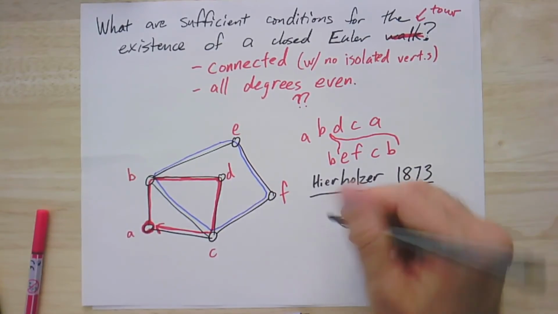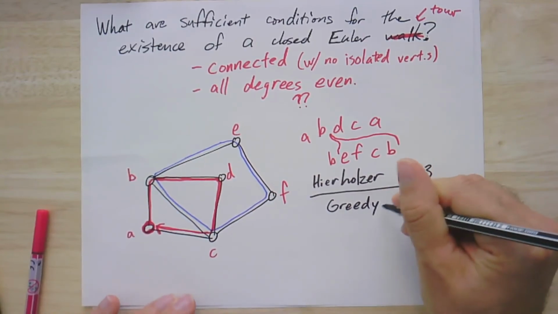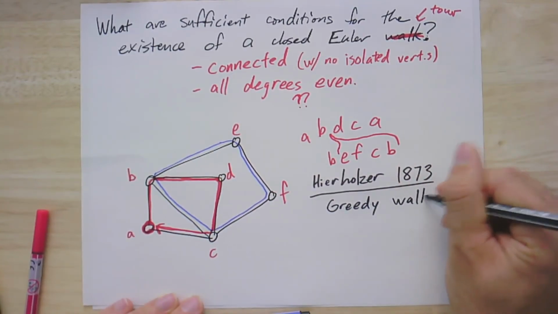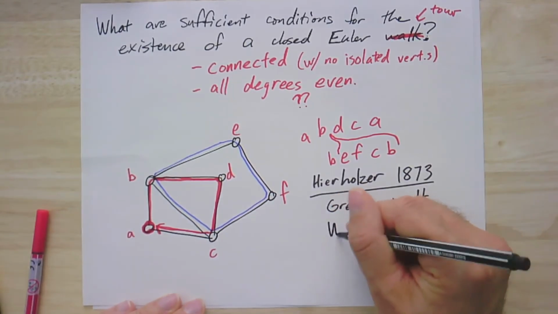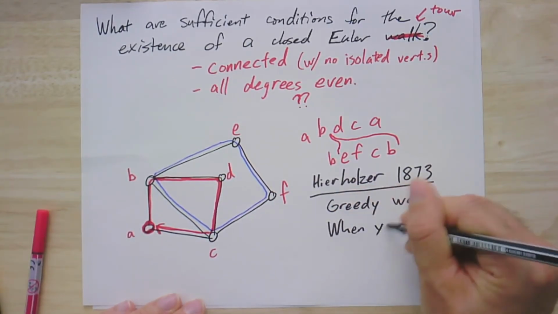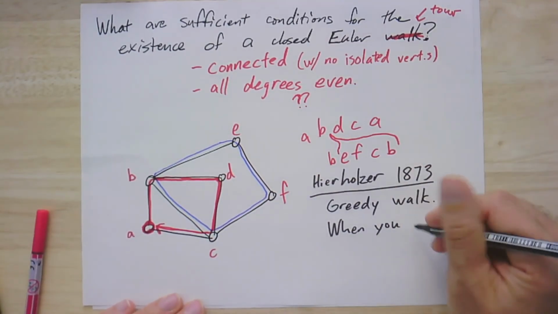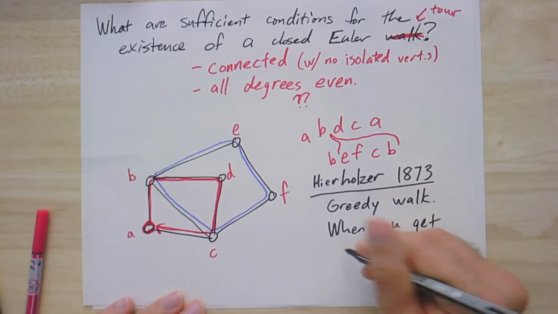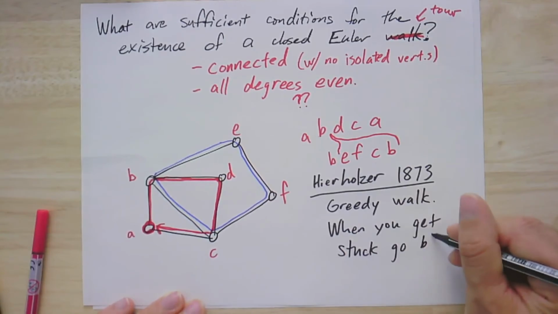And really the idea is, again, just a kind of greedy walk where you just go in and out. You take any first edge you see, and then when you get stuck, you kind of splice in a cycle. And you can do this recursively. So you go back and splice in a new cycle.